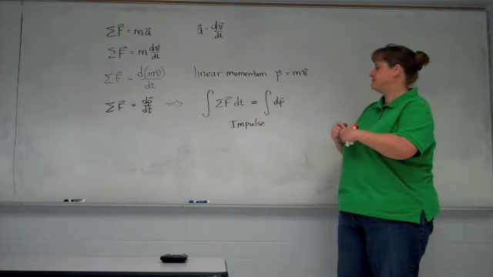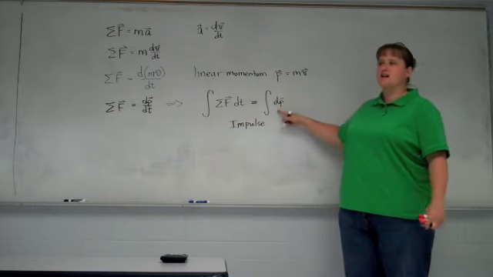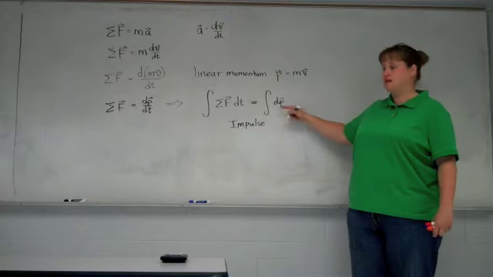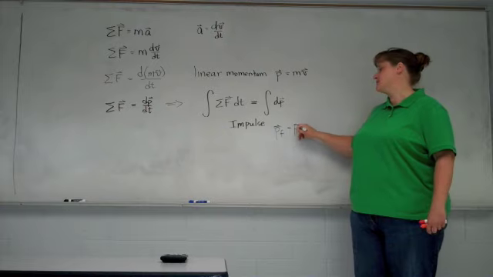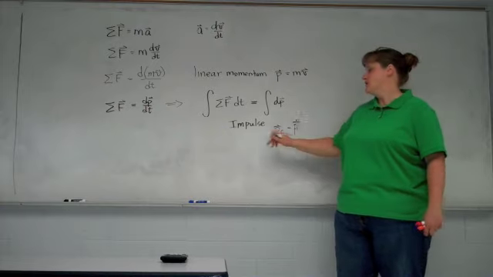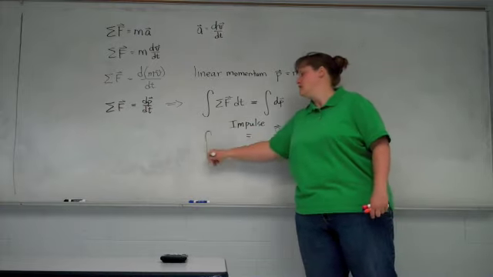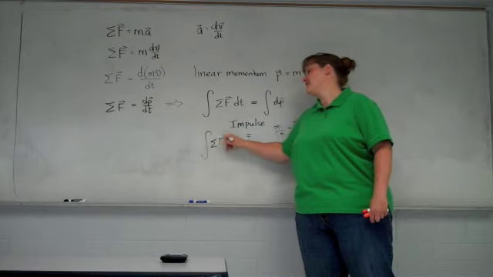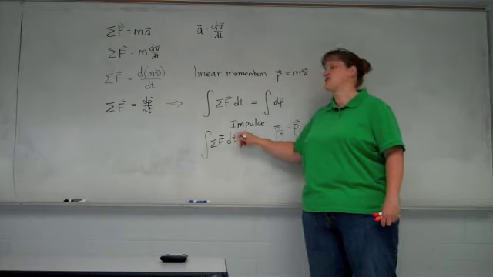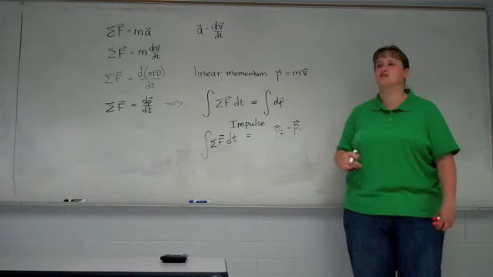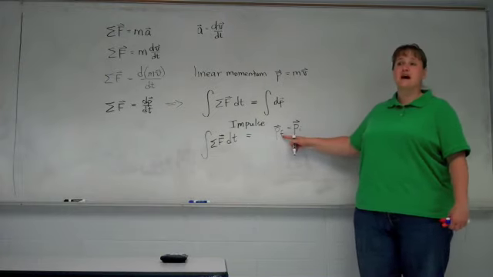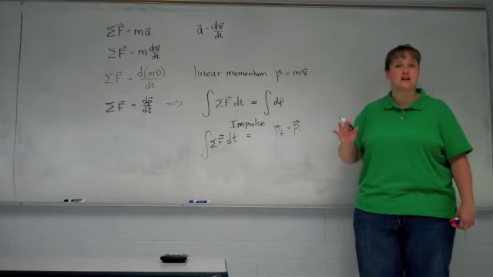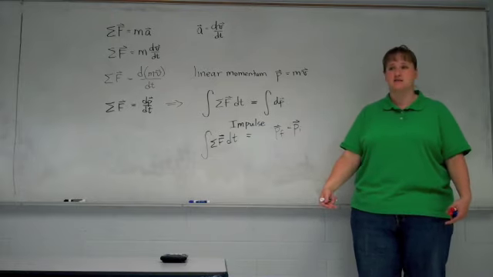What's happening, if we integrate this side, the integral of dp is going to be momentum final minus momentum initial. We can't integrate the left-hand side unless we have a function, though. So I'm going to leave it as the integral of force with respect to time. Jumping off the table, my final momentum, we're including hitting the floor and coming to rest.